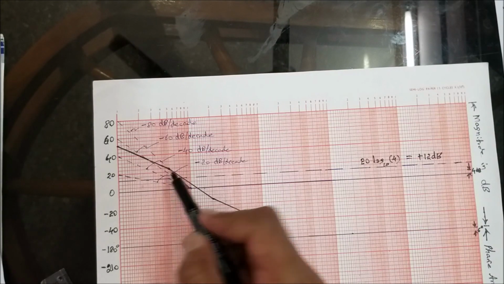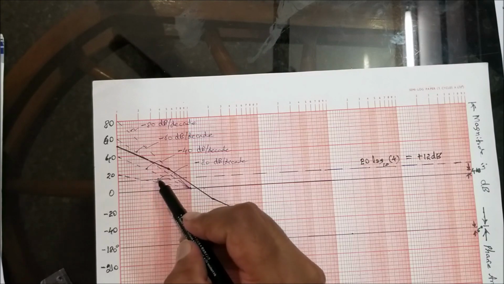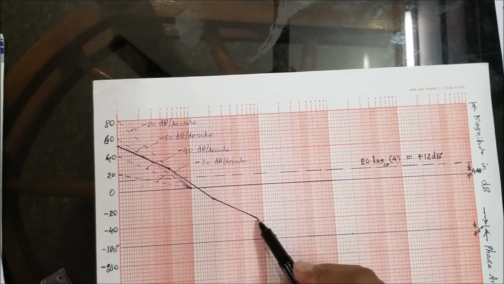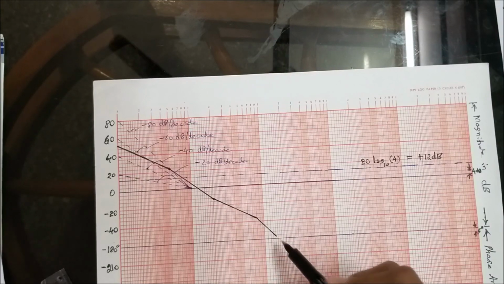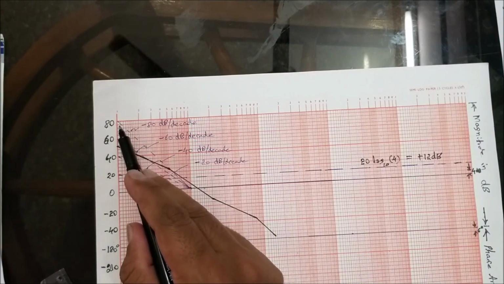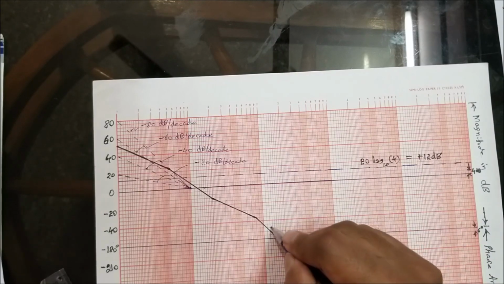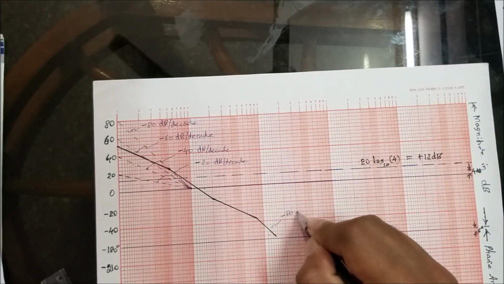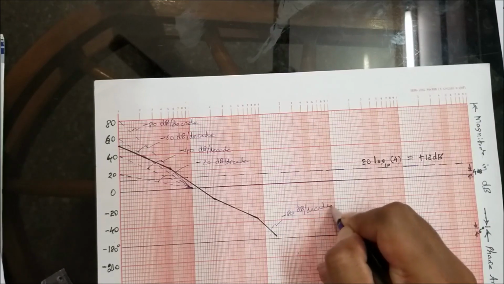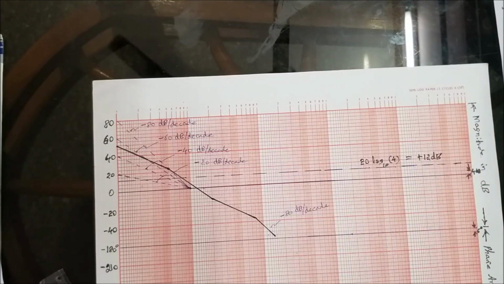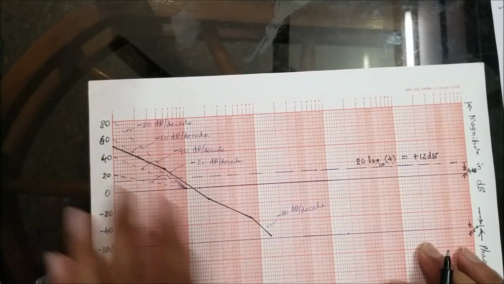From 0.5 to 2 radians per second, it is minus 60 decibels per decade. From 2 to 8 radians per second, again it is minus 40 decibels per decade. And from 8 to infinity, it is minus 80 decibels per decade. So we have completed the magnitude plot.